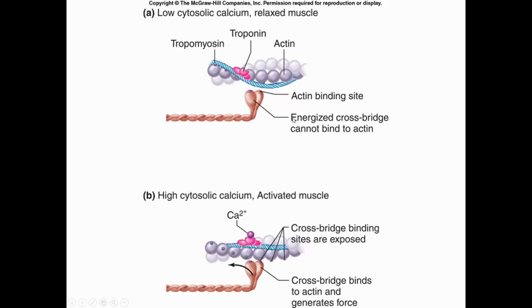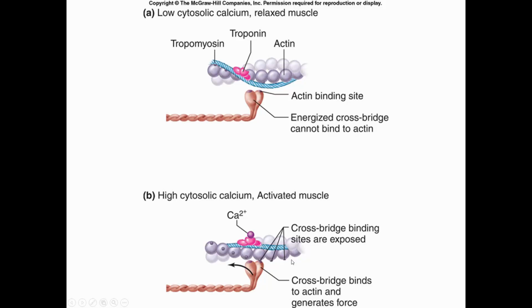So notice this myosin head is labeled as energized. It's bound to ATP. ATP has been hydrolyzed, and the energy on that myosin head is just sitting there ready to go, but there's no actin to bind to. When calcium comes along, calcium binds to troponin, pulls tropomyosin out of the way.